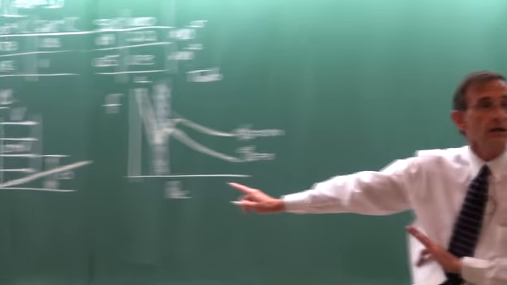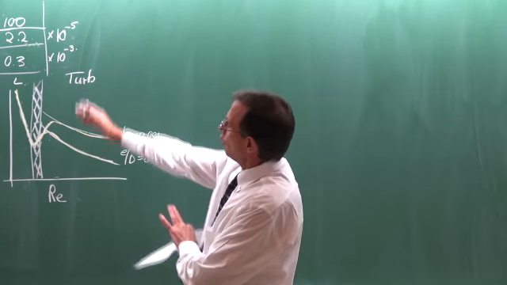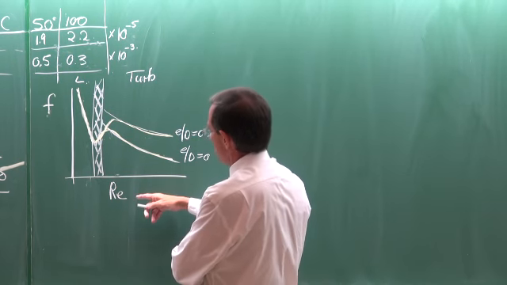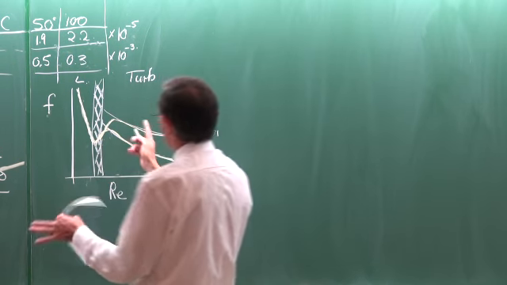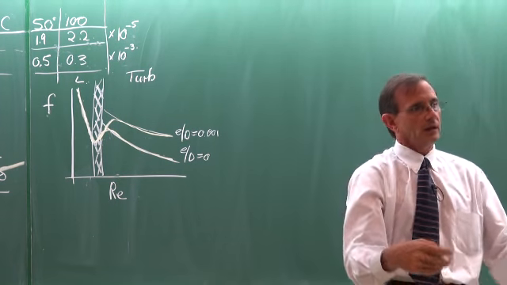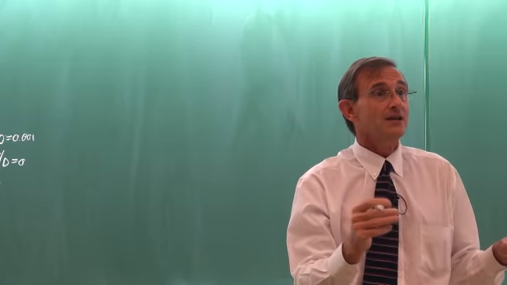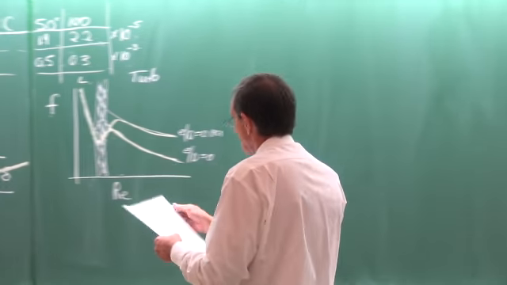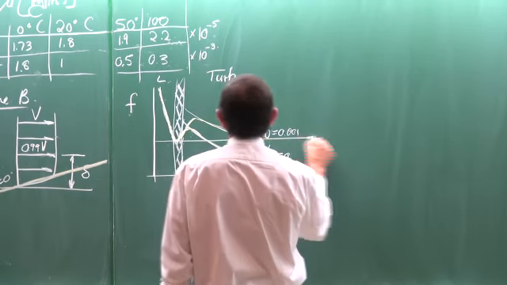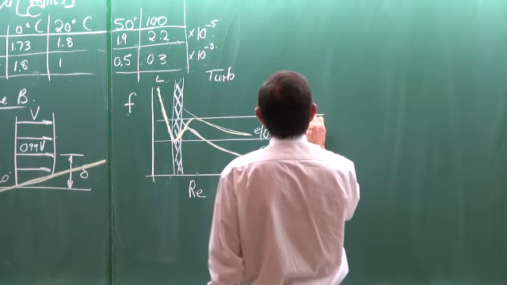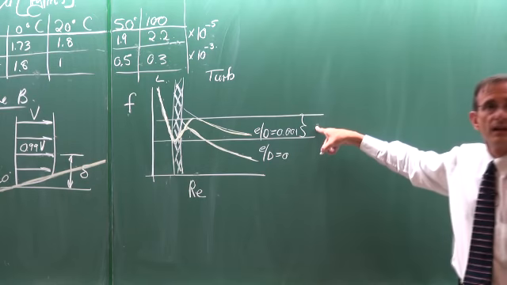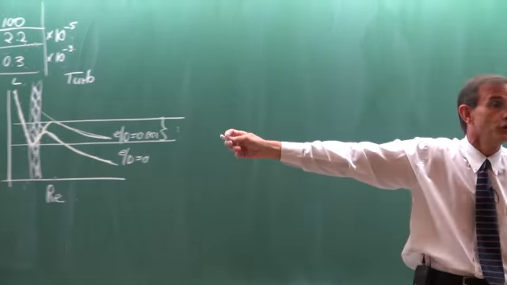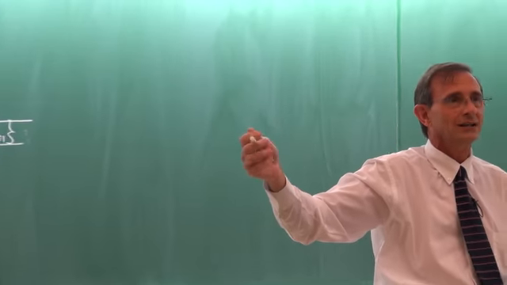Now the important thing here is, it is all good and well to see this friction factor as a function of Reynolds number and the changes that happen here in the transition flow regime. It might be interesting or not. The reality is, what does it really mean? It means that the moment that happens, the friction factor increases, but what does it really mean for your pocket as an engineer or for your client?